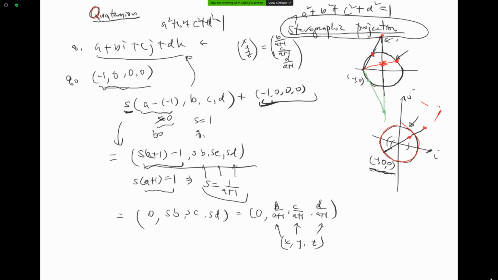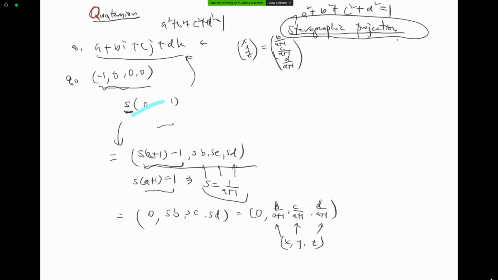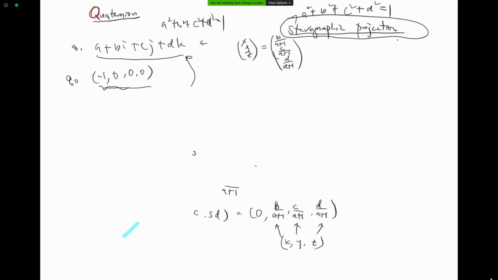That's the projection. And we can go the other way around, right? So this is the projection from a unit quaternion into the three-dimensional points.